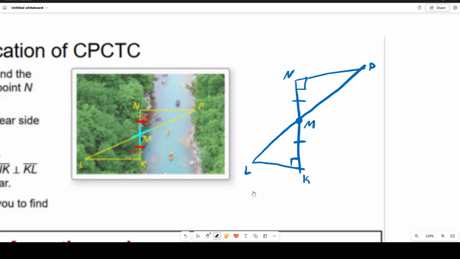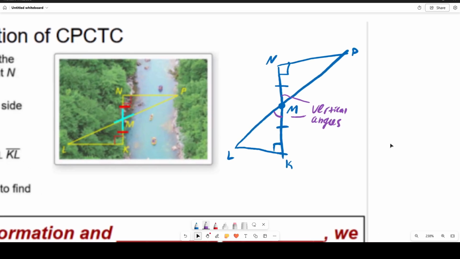So that means with your second color, we want this angle to match this angle. Well, actually, those kind of look like vertical angles. And vertical angles are always congruent.